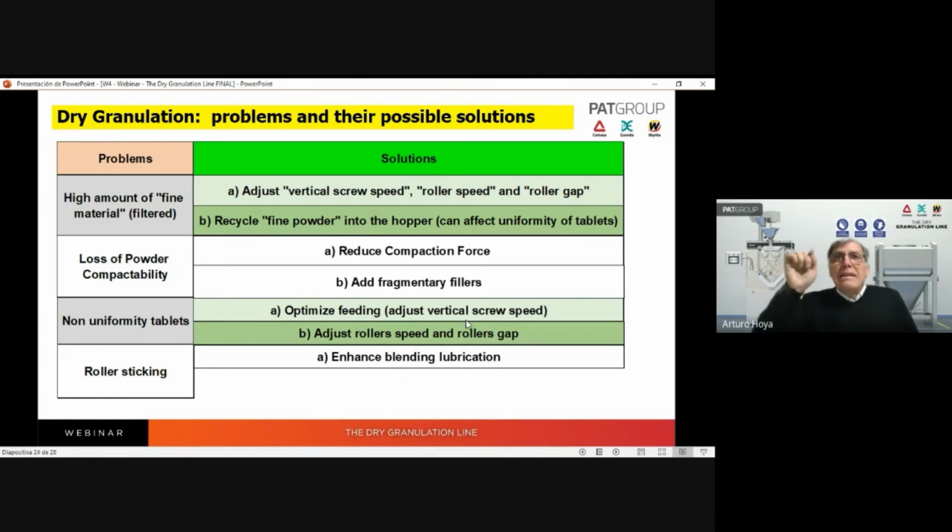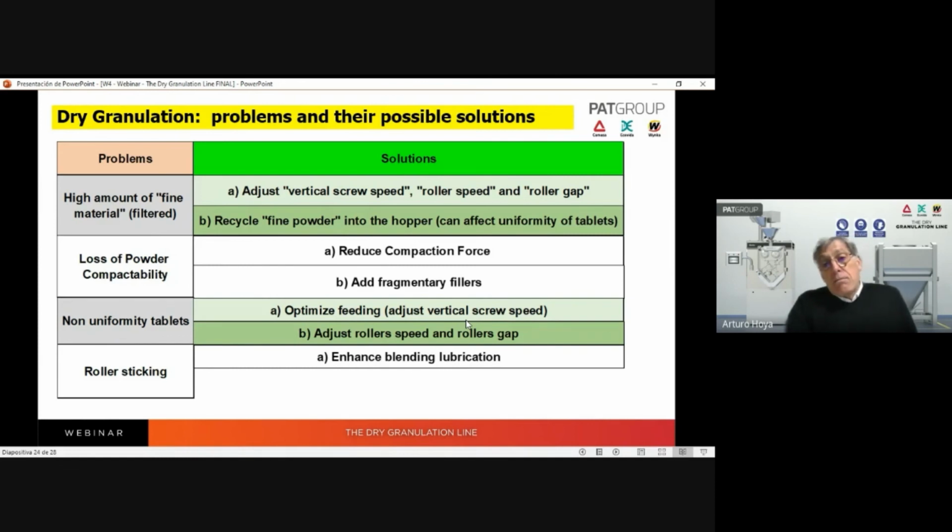Remember, the blend that will be compacted needs a low percentage of lubricant, normally magnesium stearate, but you cannot avoid putting magnesium stearate in the blend to compact.